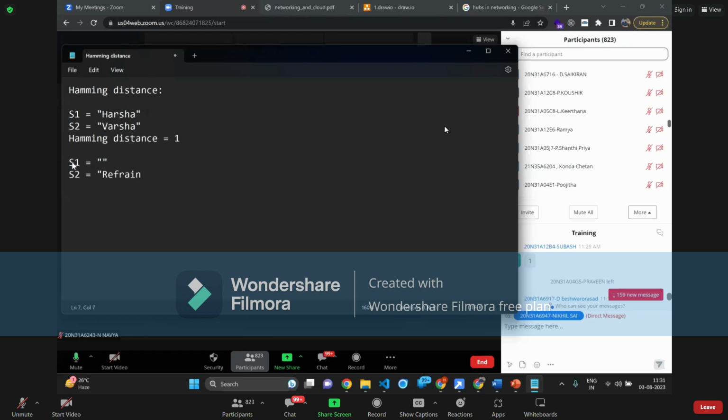Just a second. A, B, B, C, D, A, C, B, B, C. What is the Hamming distance for this? Hamming distance of S2 from S1. Only a single character, right? Yes or no? Same thing. I'll give you a few examples.